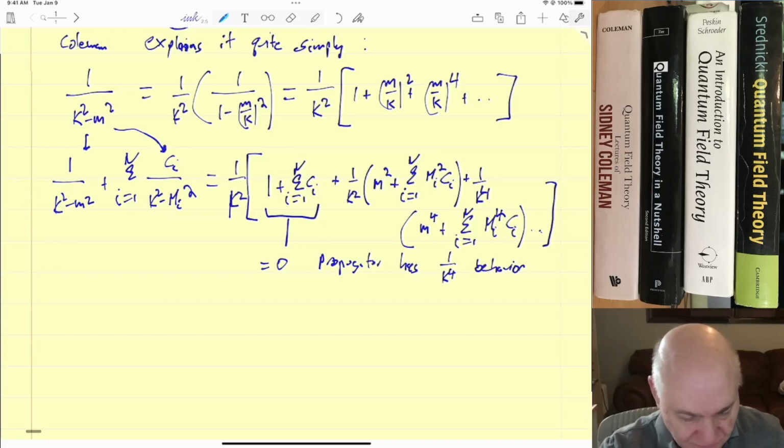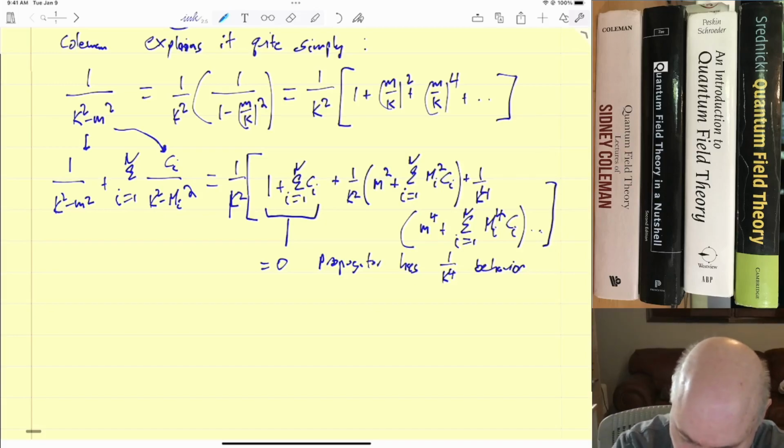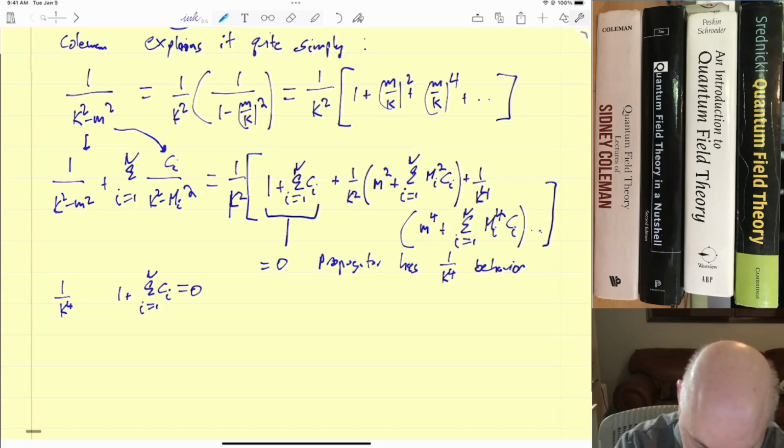And it was this sort of thing. I understood that, but I didn't realize that you could do better. You could set the next term also equal to 0. So basically, if you want 1 over k to the 4th behavior, you set 1 plus the sum from i equal 1 to n of ci equals 0.